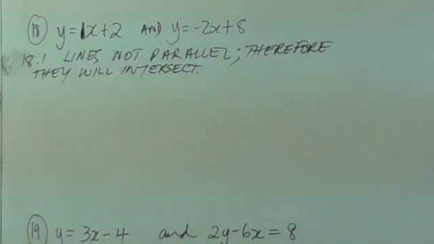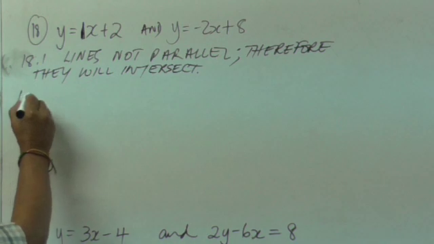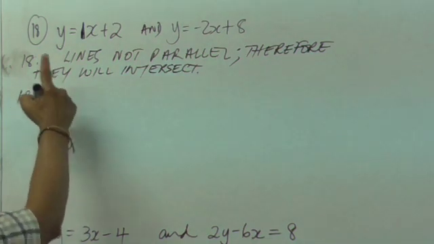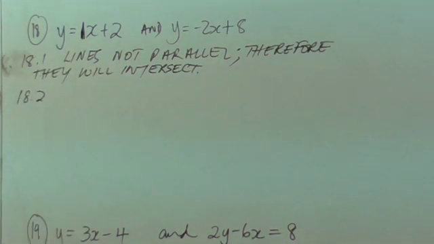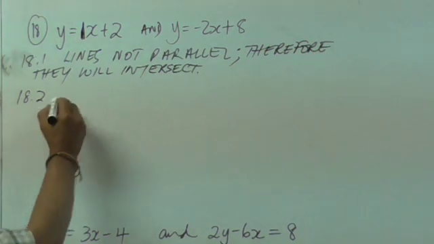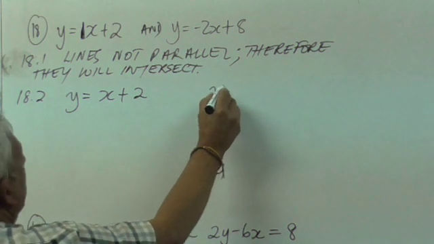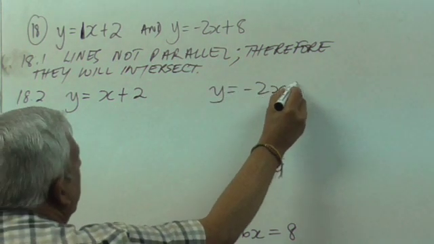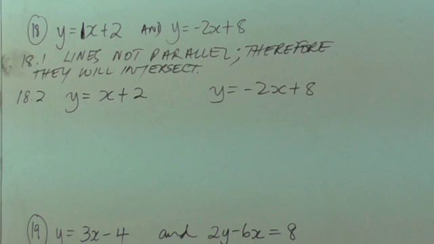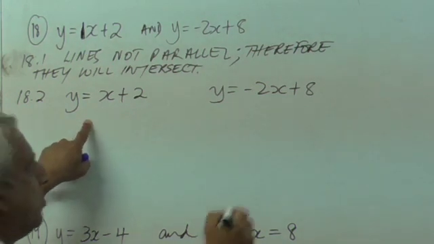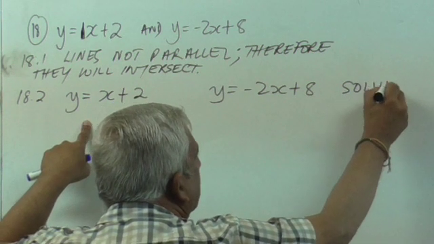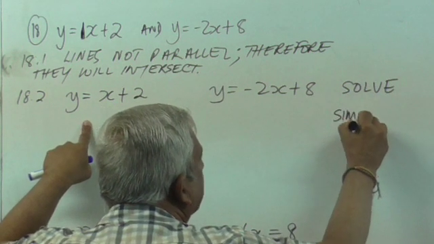Alright, now 18.2, you've got these two equations and you want to find the point of intersection. So you've got y is equal to x plus 2 and y is equal to minus 2x plus 8. If you want to find the point of intersection, then you must solve simultaneously.